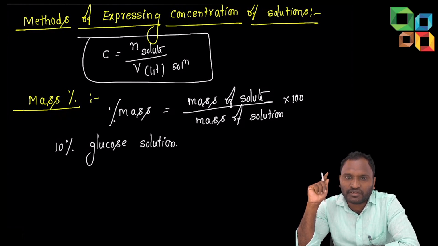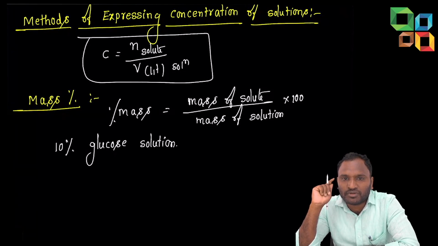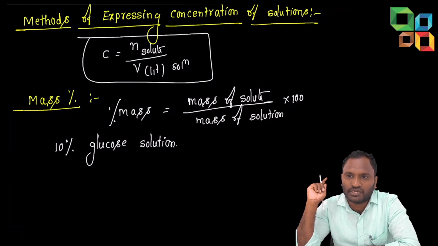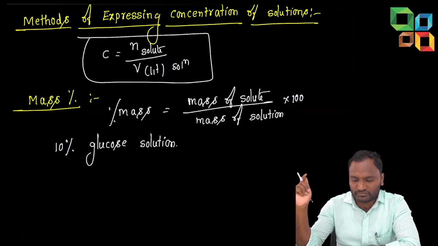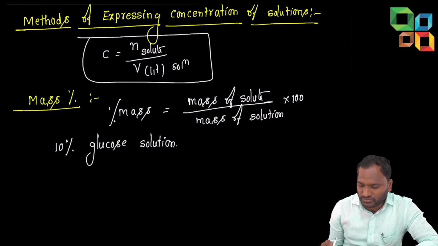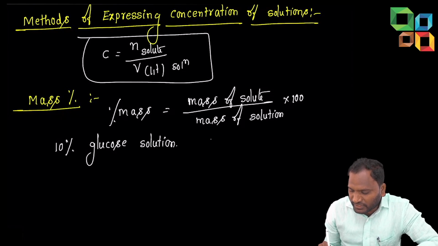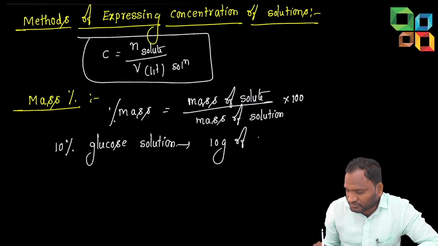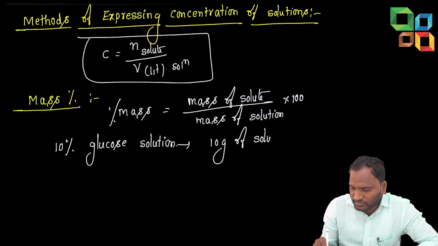Sandra, correct answer. Very nice. 10 gram of glucose in 90 gram of water; 90 gram of water, so the total is 100. So 10% glucose solution: wherever you see 10 gram, it means 10 gram of solute is glucose.